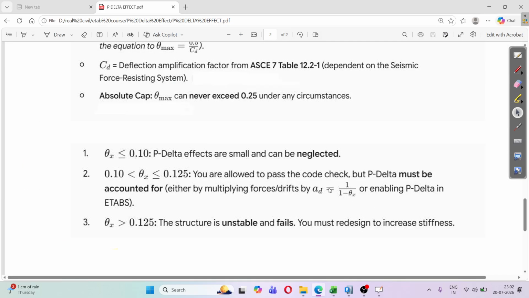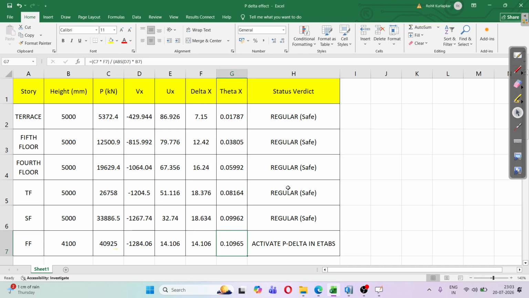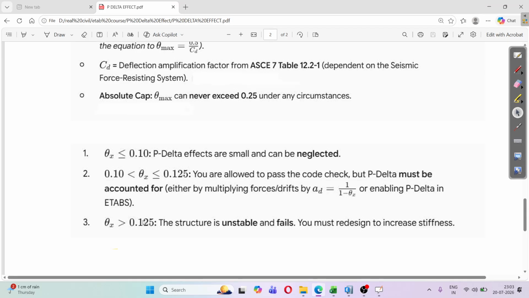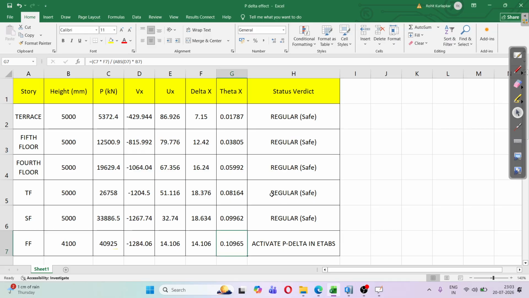That will be my multiplication factor, or I can simply go for non-linear P-delta analysis in ETABS software. And suppose in any case my theta is greater than 0.125, then my structure is unstable and it fails. In that case I have to redesign to increase the stiffness.